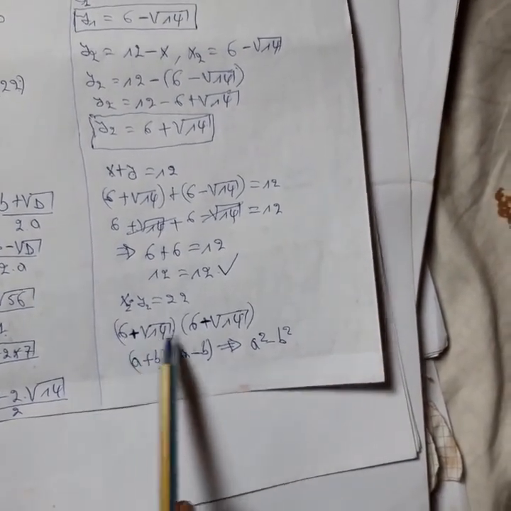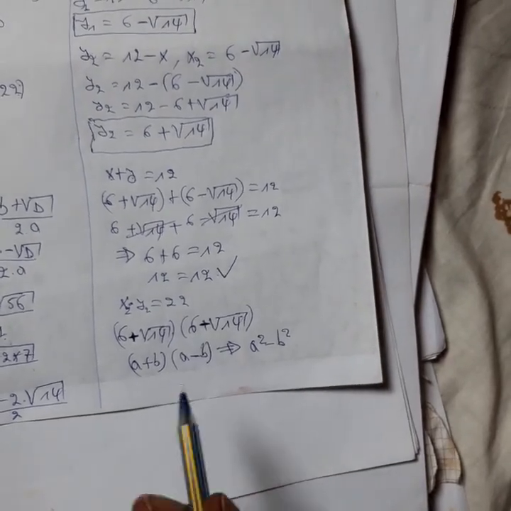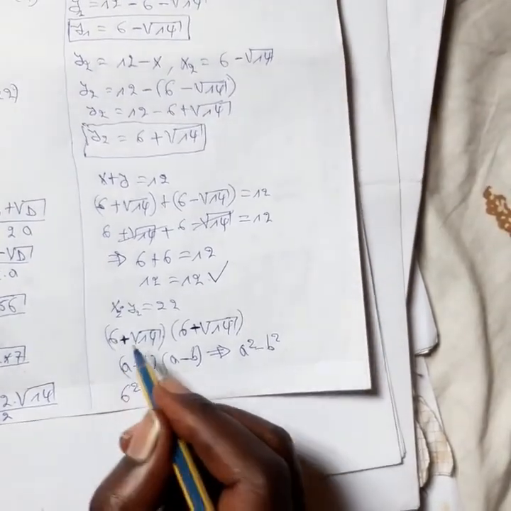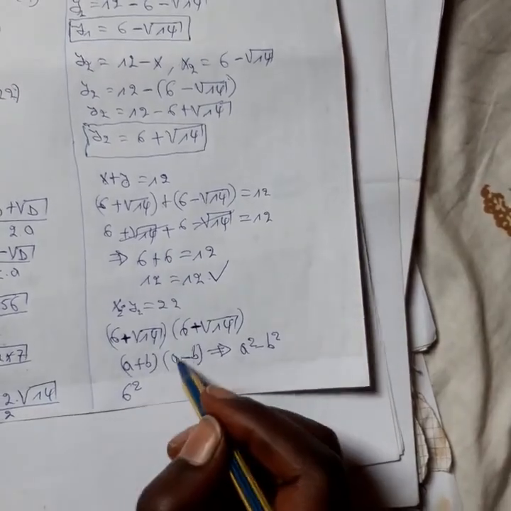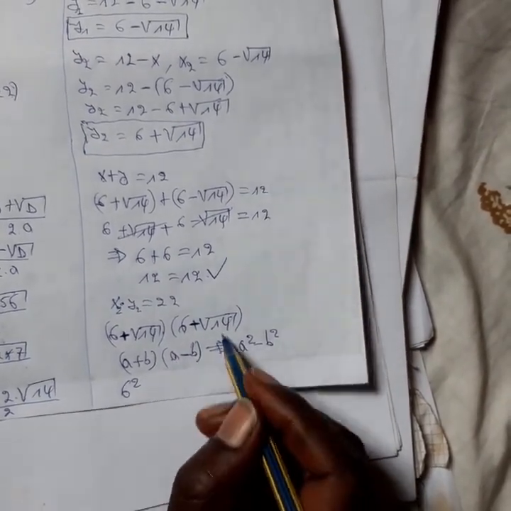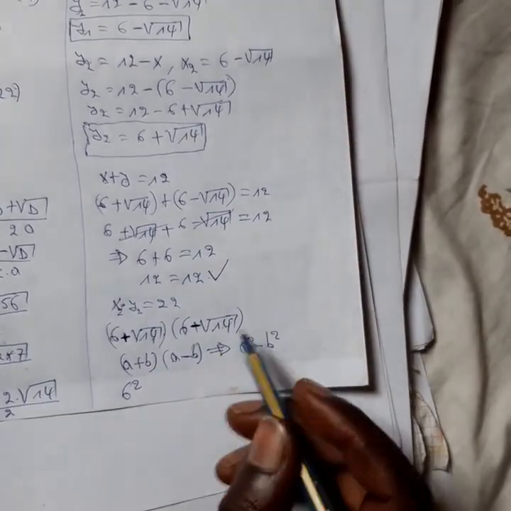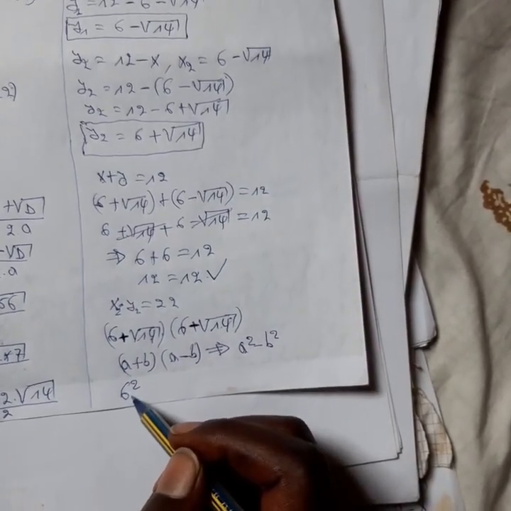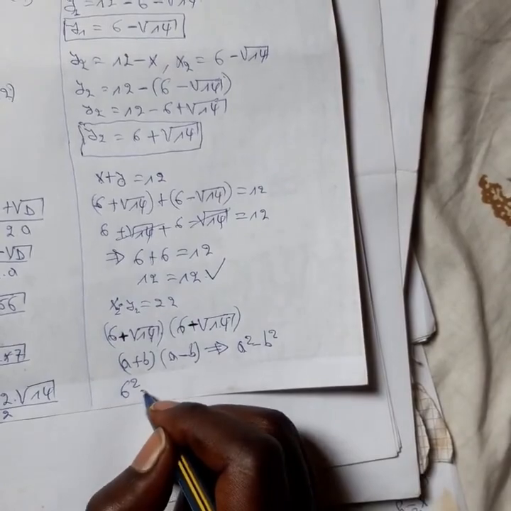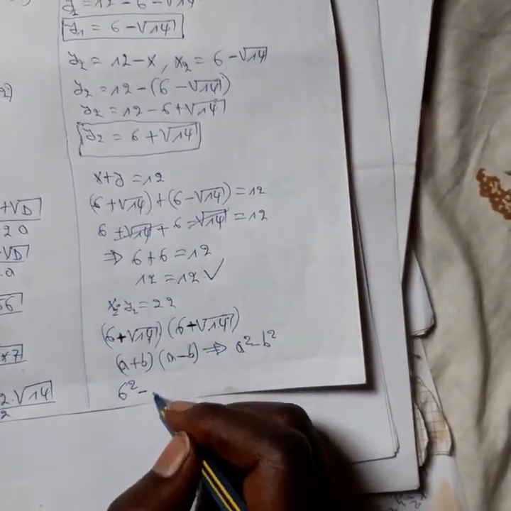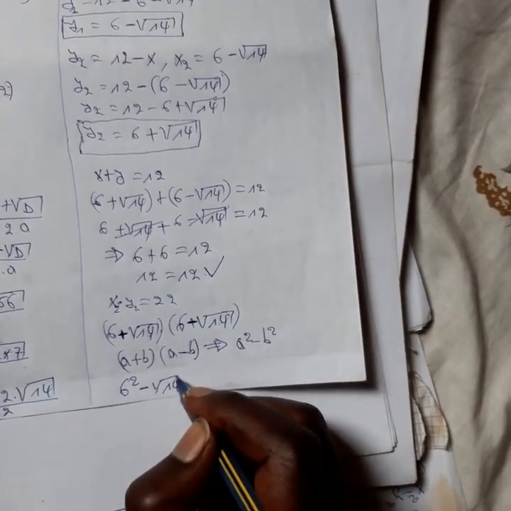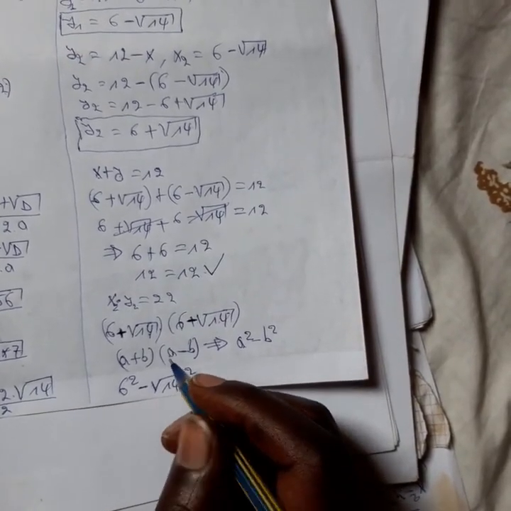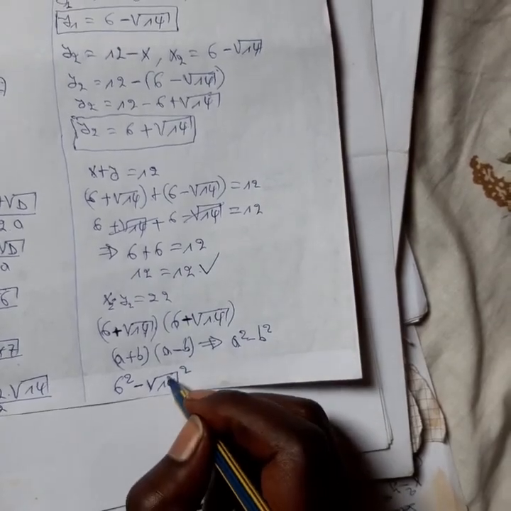Then we'll have this one times this one, so it will be 6 squared. This 6 is this a, and this is this b. Here a becomes a squared, so 6 will become 6 squared, then minus square root of 14 squared. Then this 2 will cancel this square root.